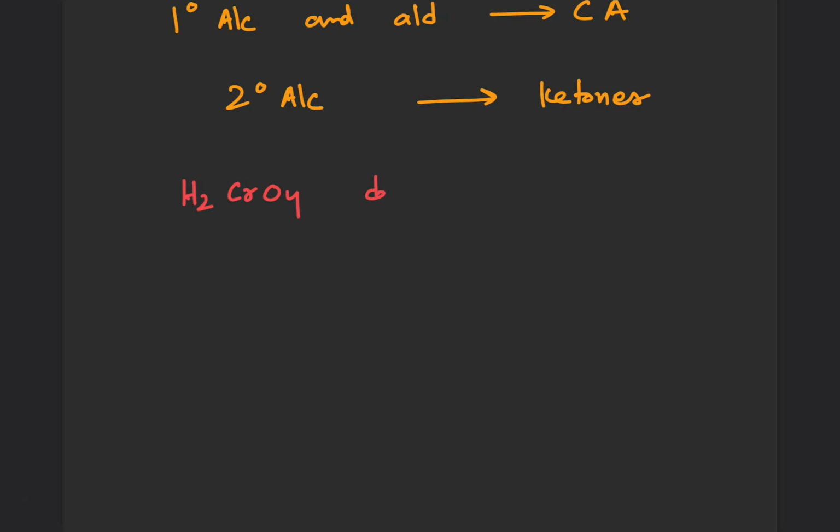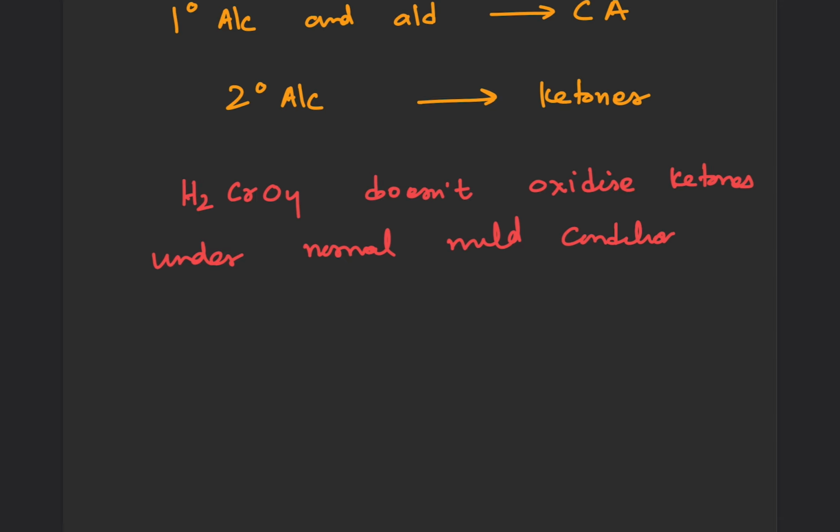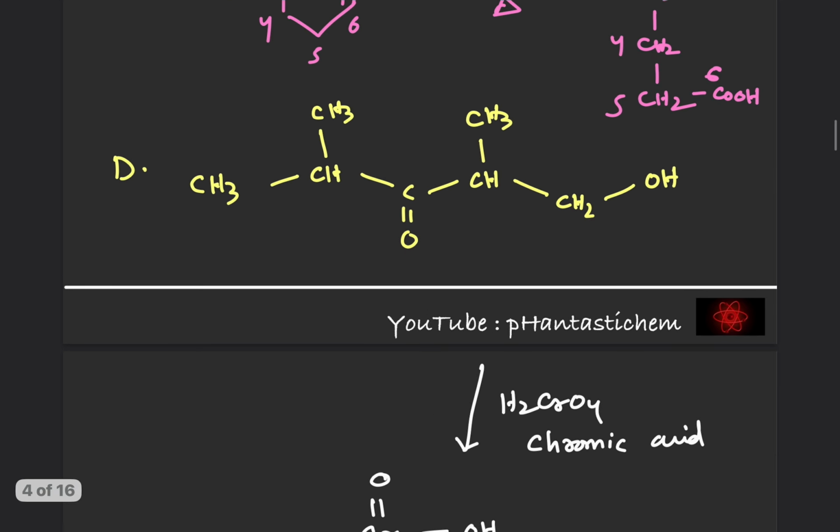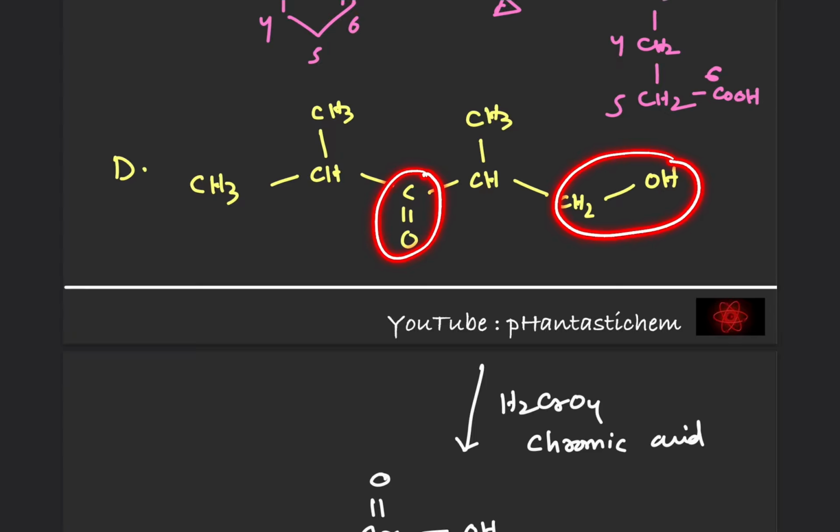H2CrO4 does not oxidize ketones under normal mild conditions, and therefore this part of the molecule will remain as it is, and this part of the molecule becomes a carboxylic acid.